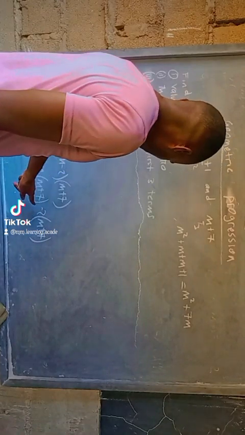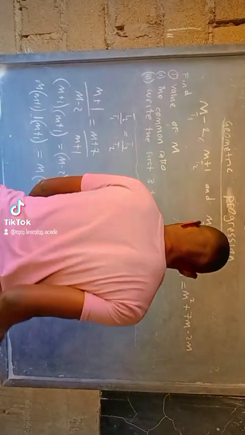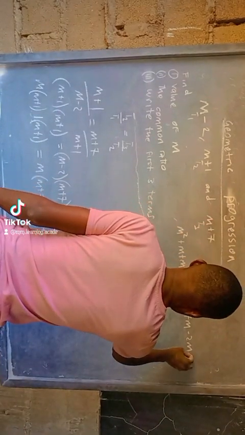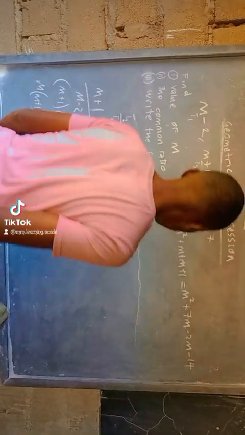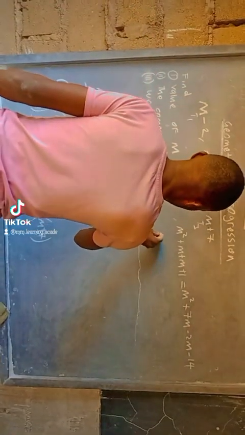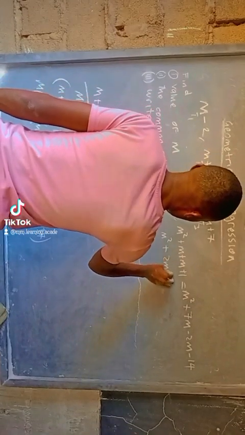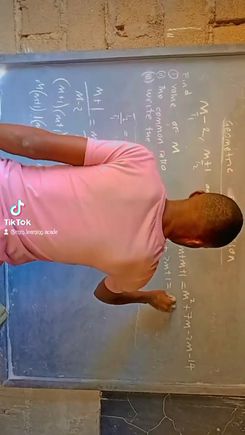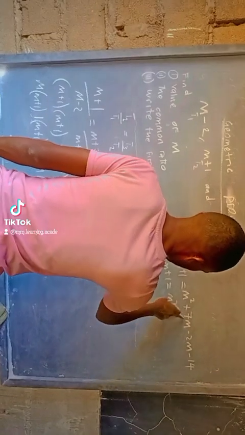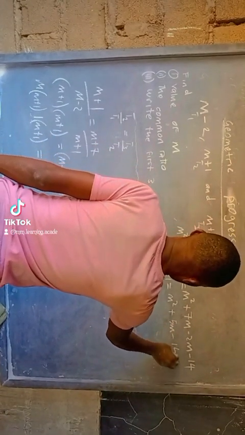Then negative 2 times m is negative 2m, and negative 2 times 7 gives us negative 14. Working on the like terms: m squared plus 2m plus 1 equals m squared plus 7m minus 2m, that's 5m, minus 14.